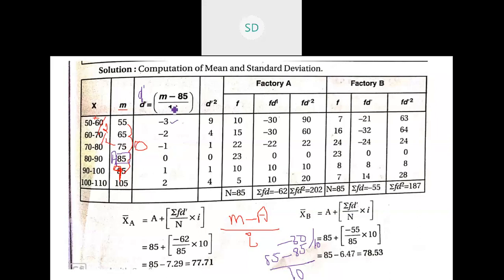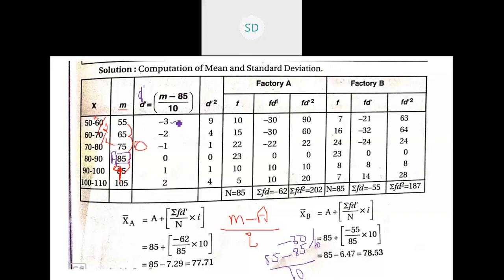Then 85 minus 85 by 10. So that is 0. 0 by 10 is 0 again. Next, 95 minus 85 by 10. That will be plus 10 by 10, which is 1. Then again 105 minus 85 by 10. That will be 20 by 10, which is 2.